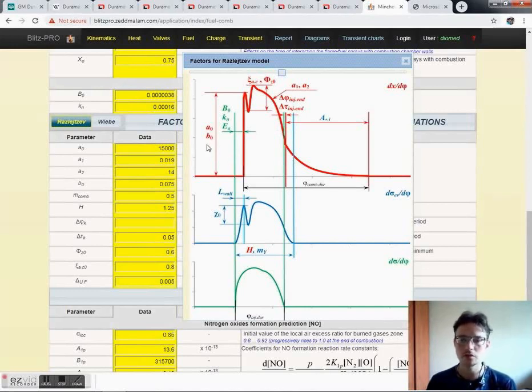For example, A0 and B0 help to set up the combustion of the fuel vapor which occurred during the ignition delay, during this period, and as well as B0, Kn, and EA, the activation energy, help to set up the duration of ignition delay.